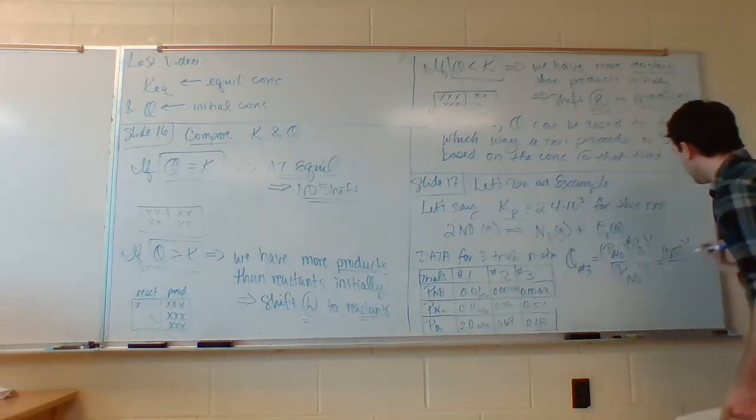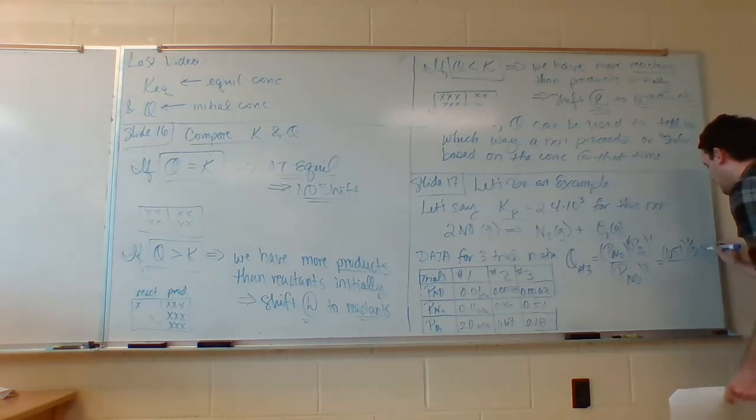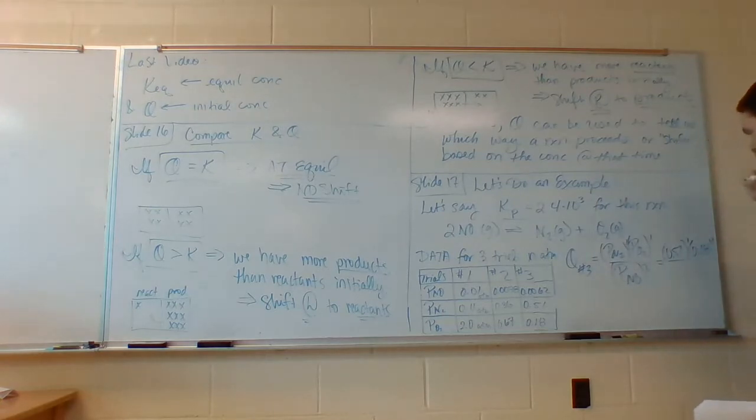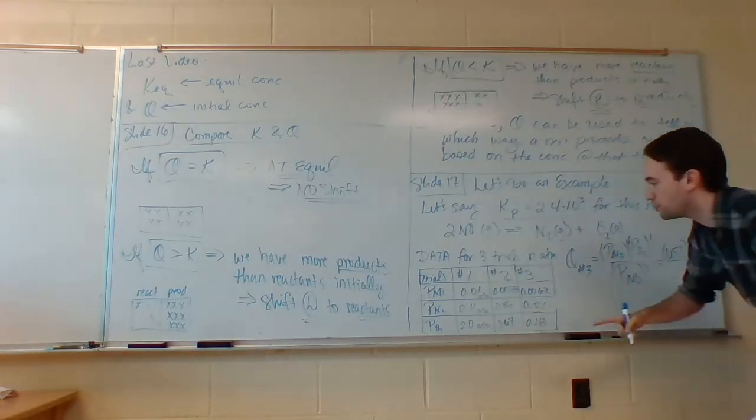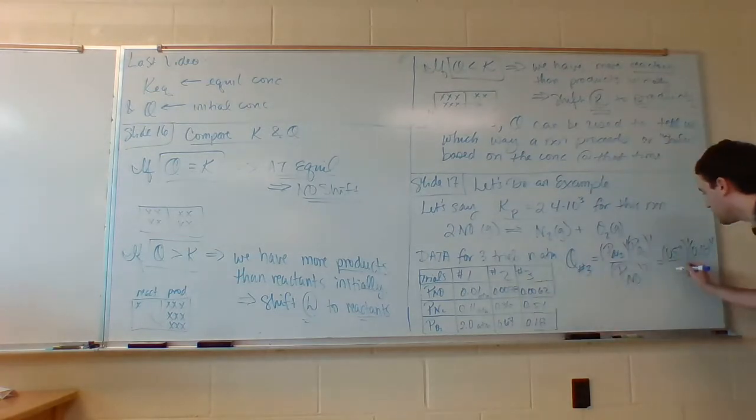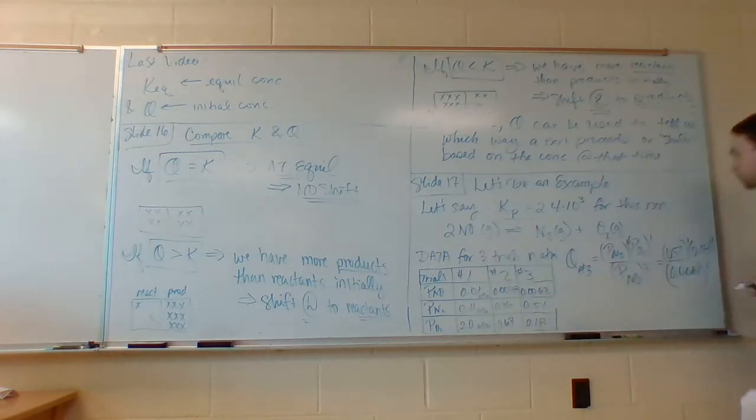Then we have our O2, which is 0.18 raised to the 1, right? Both those are raised to the first because those are the stoichiometric coefficients. And then we take our partial pressure of NO, which is 0.0062. We raise that to the 2 because its stoichiometric coefficient was 2.